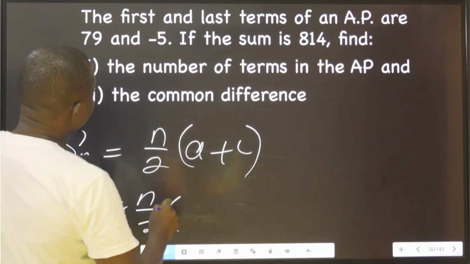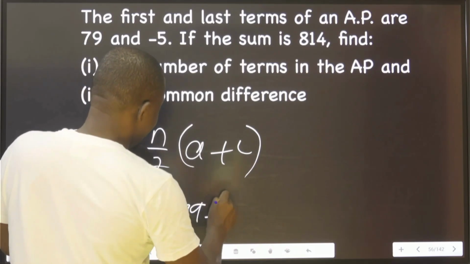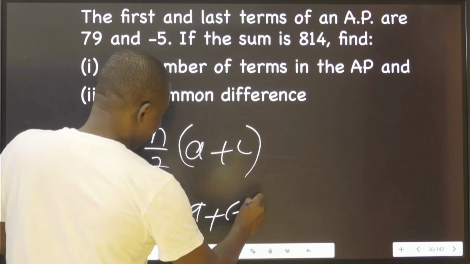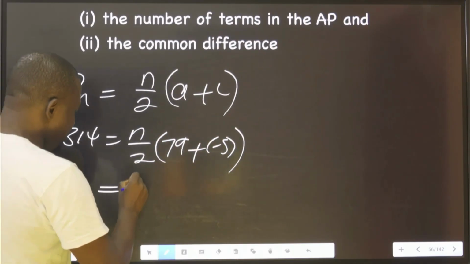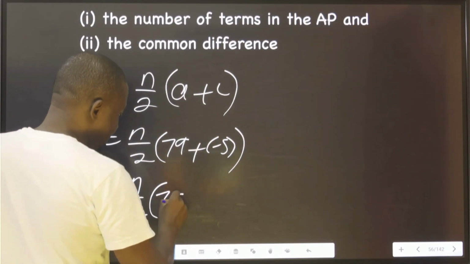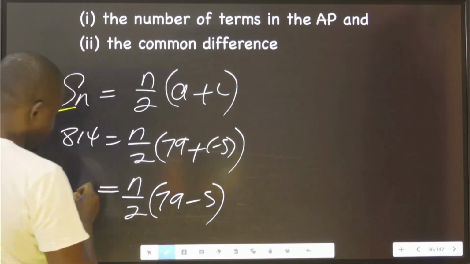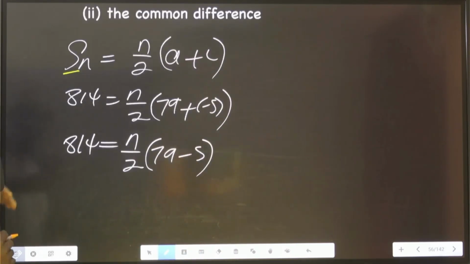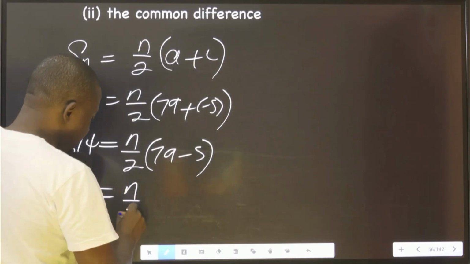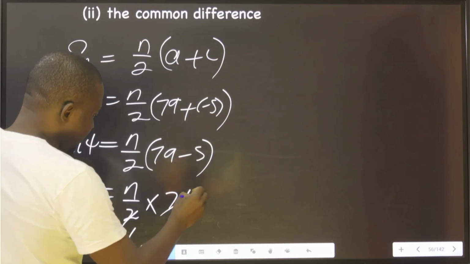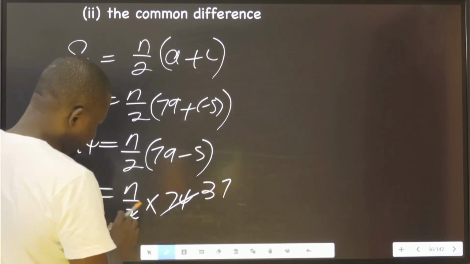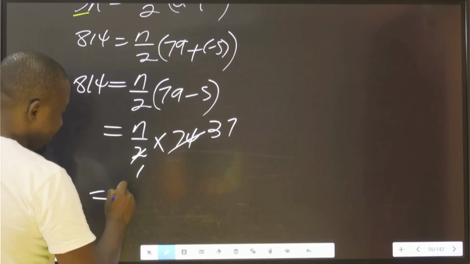The first term is given to us as 79. The last term is minus 5. Okay? Which is equals to this. Which is equals to 74. 1, 3, 7. That is 37n.